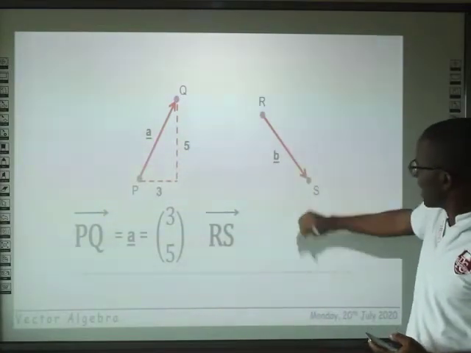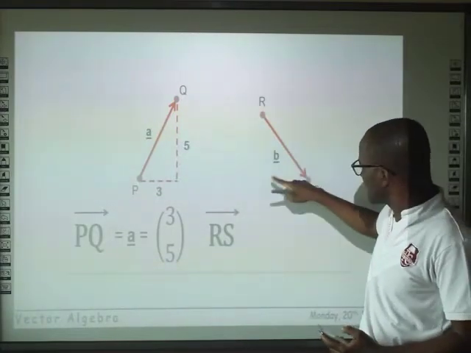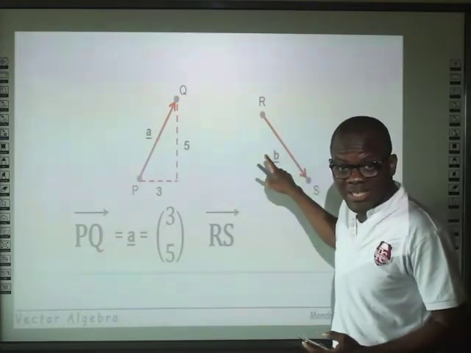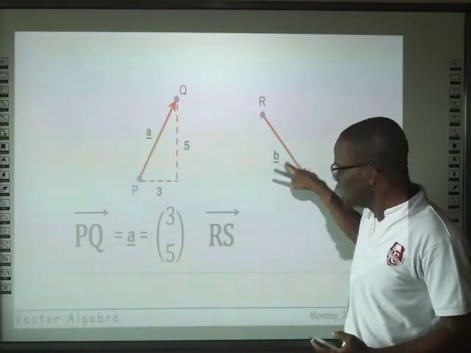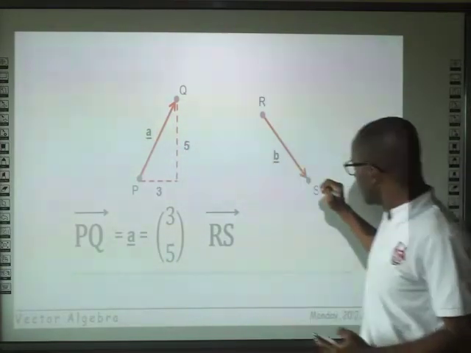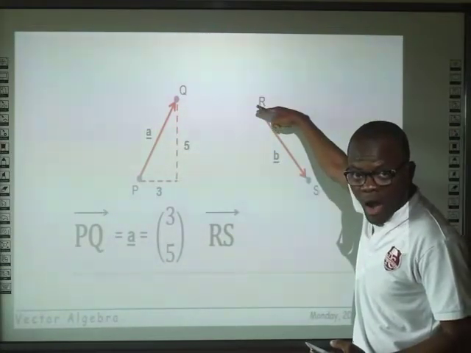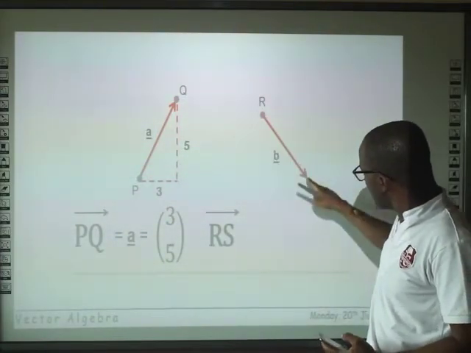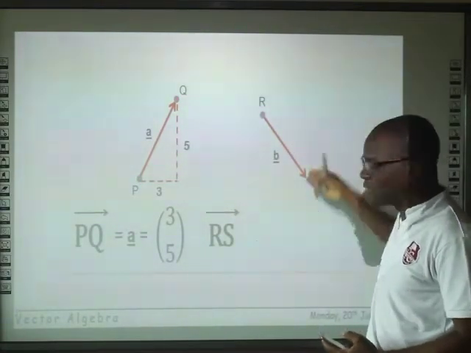Next up, look at the vector RS. The vector RS, which is otherwise noted by the vector B, and of course, remember, vectors are denoted with an underline. You have to put an underline to indicate that it is indeed a vector. So the vector B, or if you prefer the vector RS, starts at R and terminates at S. To go from R to S, let's see how you proceed along the horizontal axis and the vertical axis.